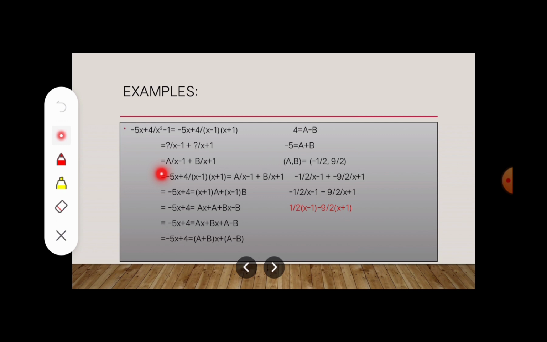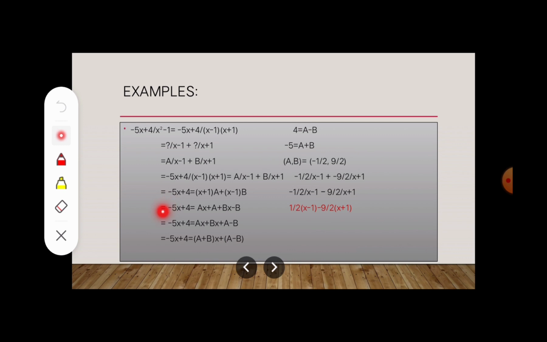Then multiply both sides of the equation by x minus 1 and x plus 1. We have negative 5x plus 4 equals x plus 1 times a plus x minus 1 times b. Then simplify the expression. So we have negative 5x plus 4 equals ax plus a plus bx minus b.